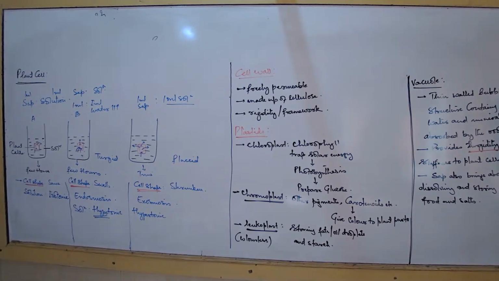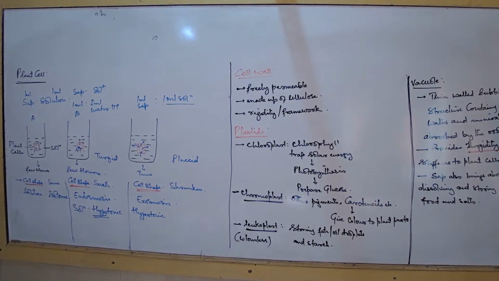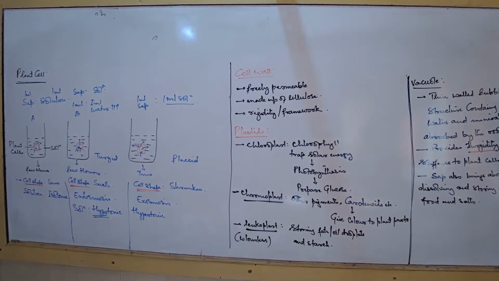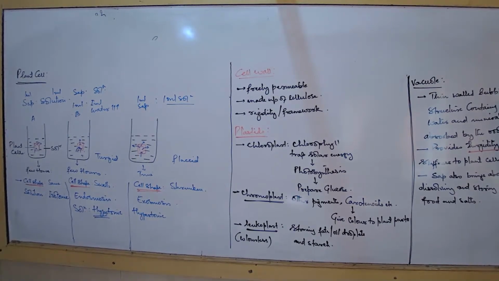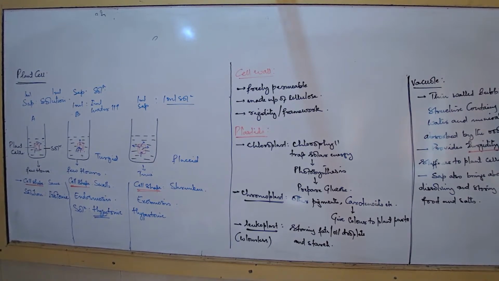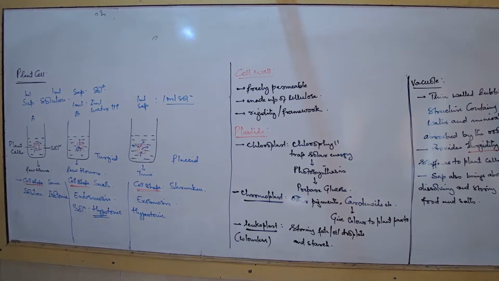Next, write down hypotonic solution. A solution which has higher concentration of water and lower concentration of solutes as compared to a cell.